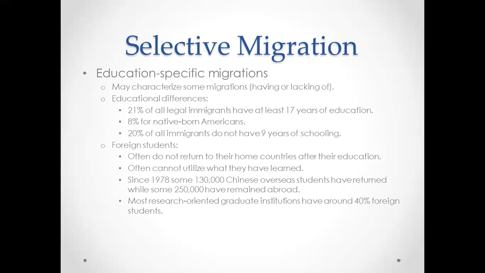And here's the data in 1978. So some 130 Chinese overseas students have returned while some 250 have remained abroad. Kasi ang nangyari kasi dito sa China last time, noong 1978 guys, nagpadala siya ng around mga 300 scholars sa colleges, universities ng Japan, okay, and other states like US.